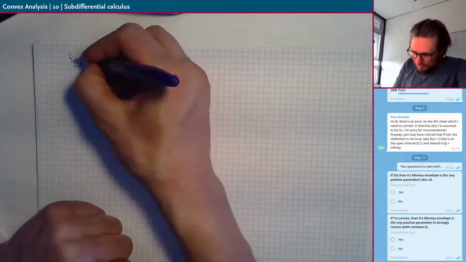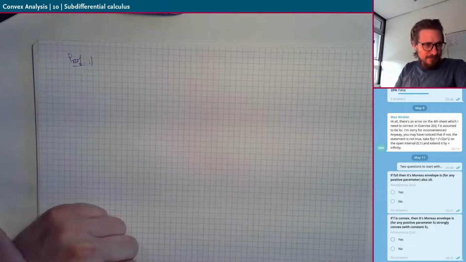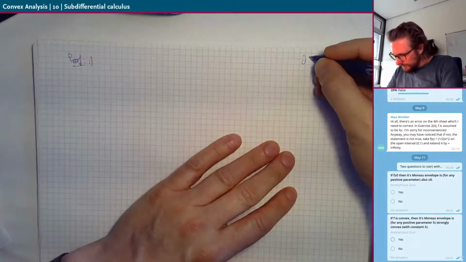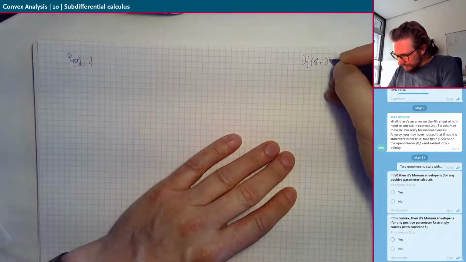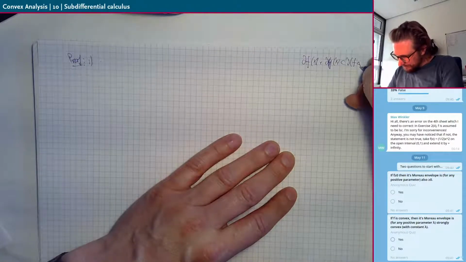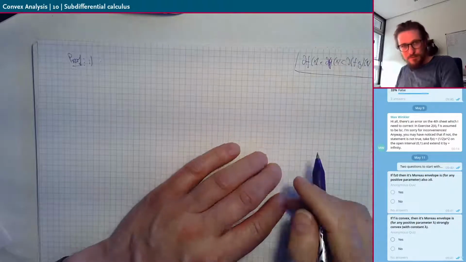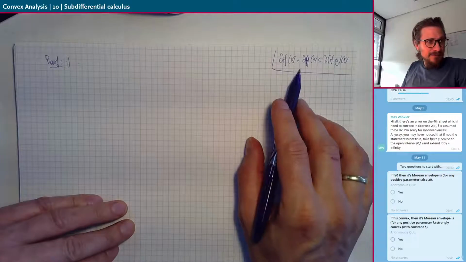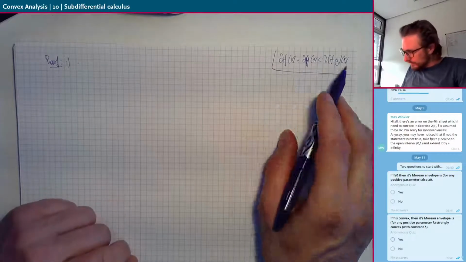The inclusions are in both cases not that hard. We wanted to prove that the subgradient plus the subgradient is contained in the subgradient of the sum. So we start with something on the left-hand side and show that it's in the right-hand side.